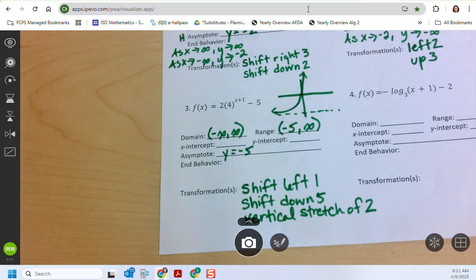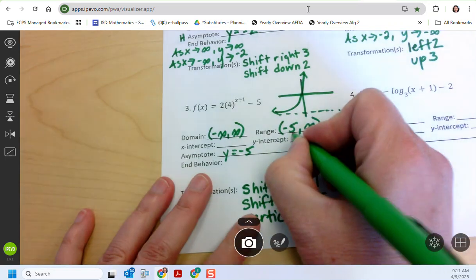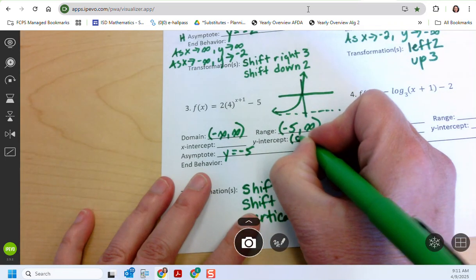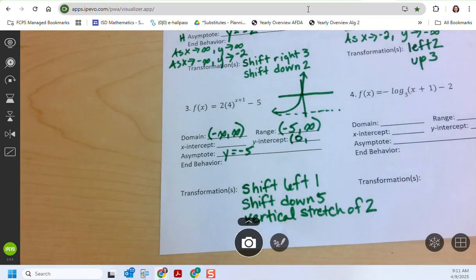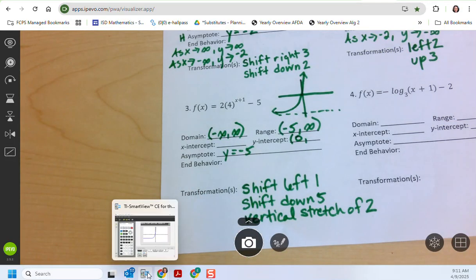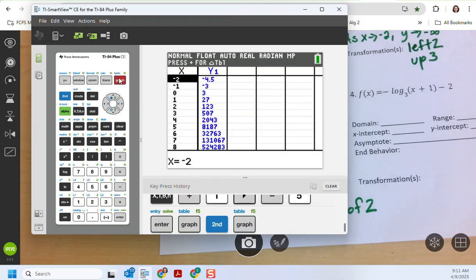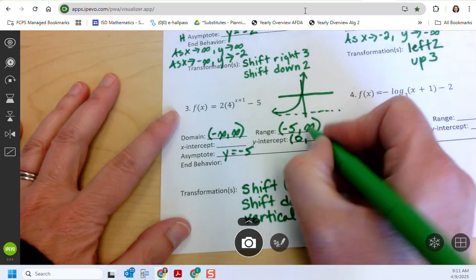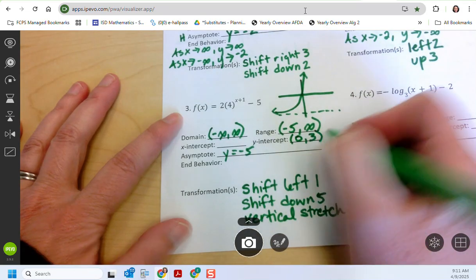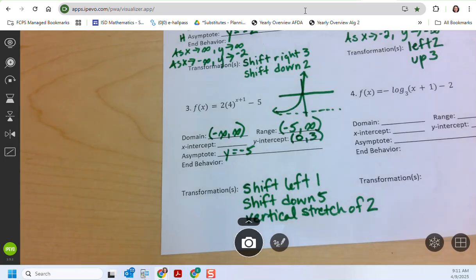The y-intercept, I'm going to get that on my calculator. Give me 0, comma, let's take a look. It's 3? Nice. (0, 3). We'll do the x-intercept last.